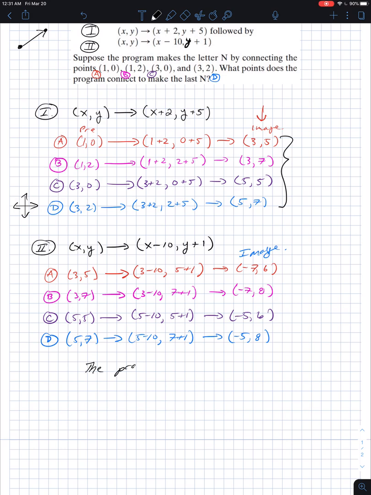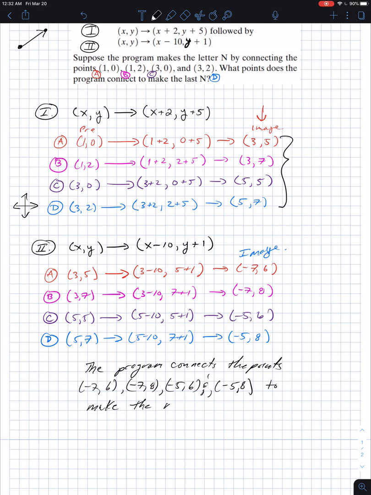The program connects the points negative 7, 6, negative 7, 8, negative 5, 6, and negative 5, 8 to make the new N.